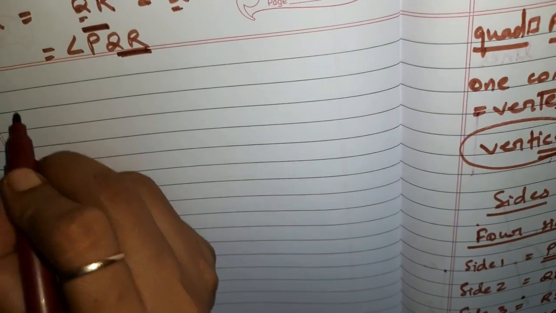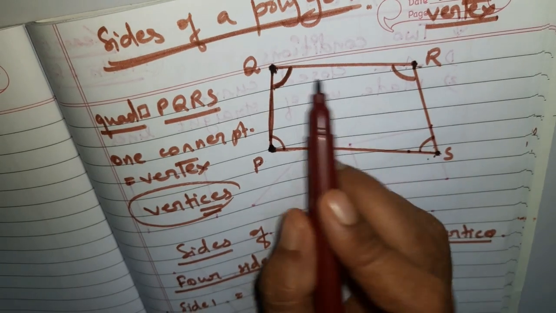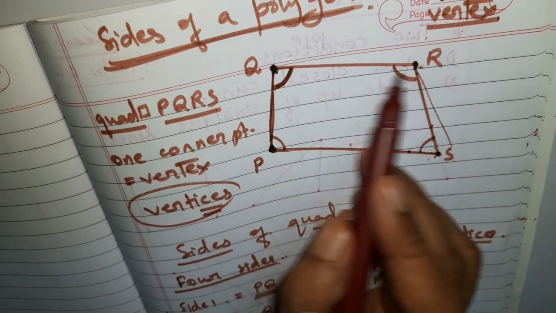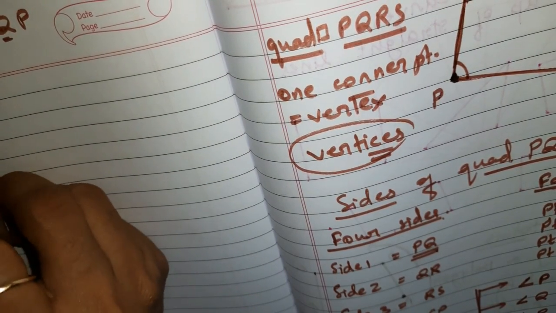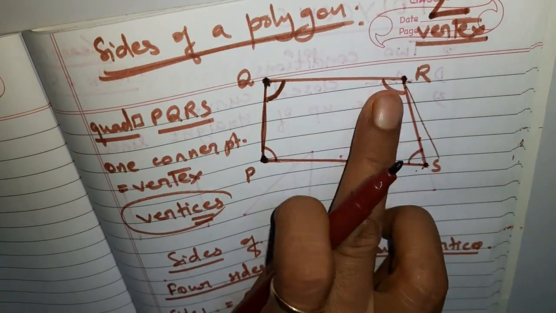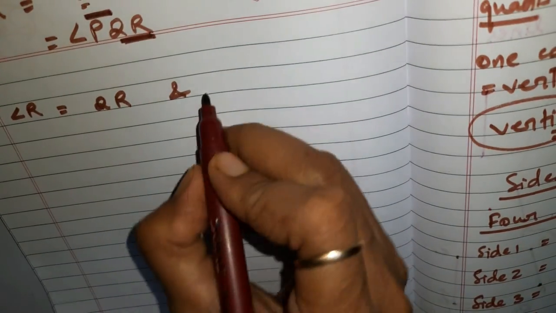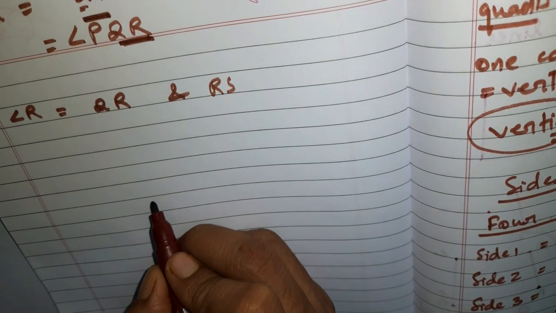Let us write about R, angle R. The full name of this angle will be what? First of all, let us find the sides. So the sides of this angle R are what? QR, and the second one is RS. So let us write here RS.